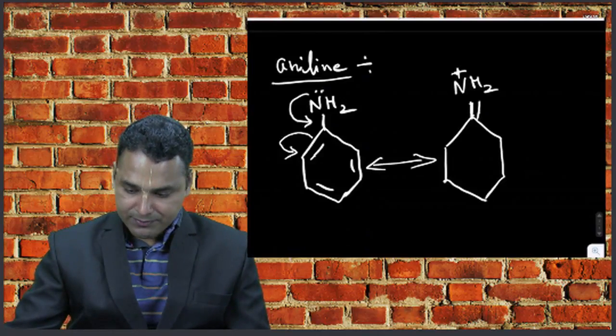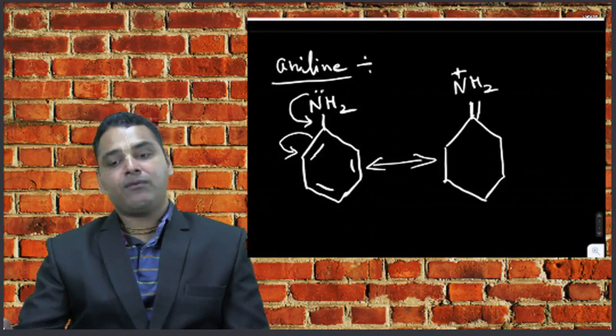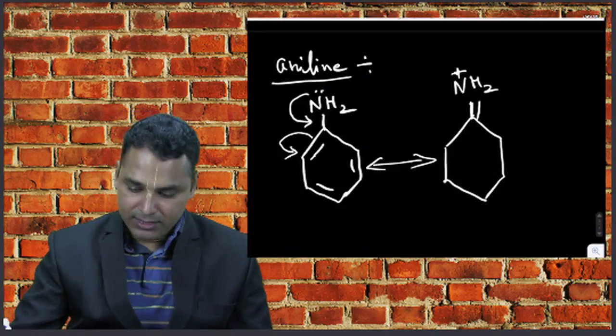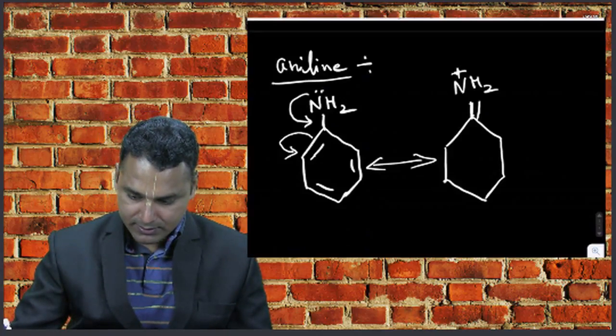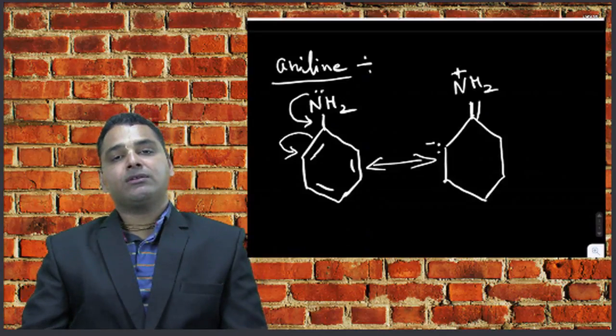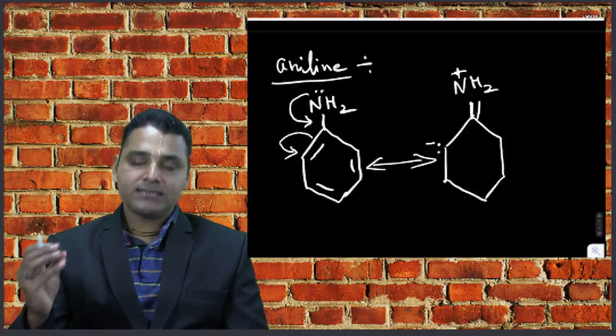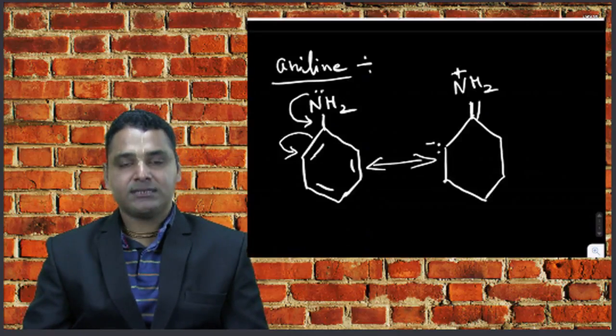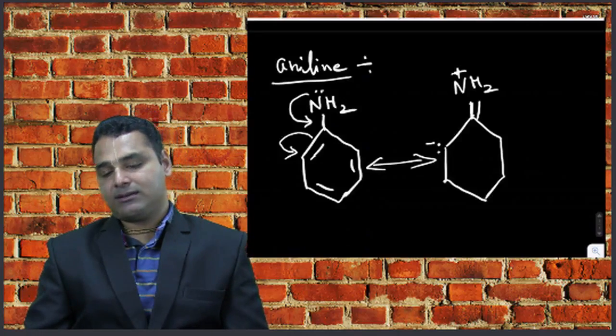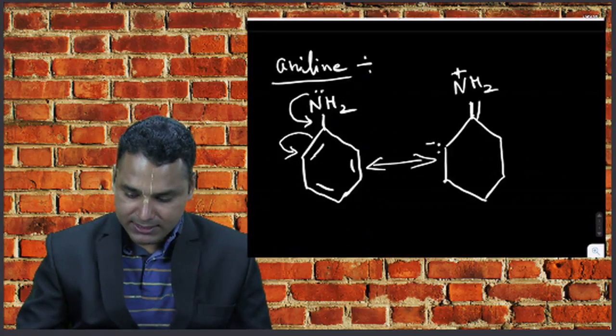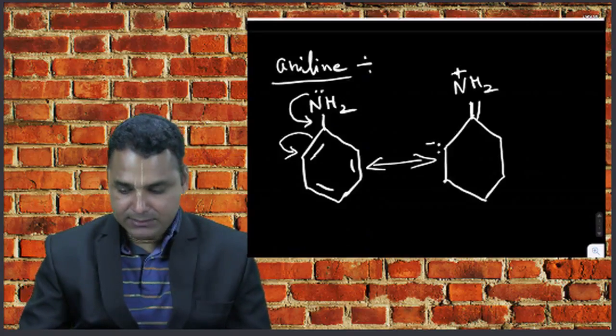And now the lone pair of electrons from NH2 has shifted to this position, where we will show the negative sign. The negative sign means the electron density here has increased, it is more electron dense. So now the double bond has broken.